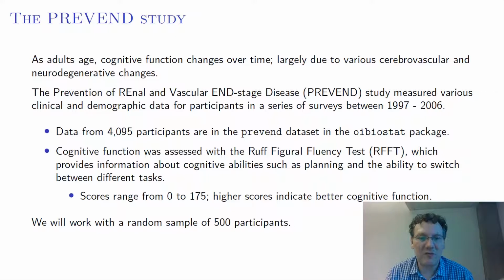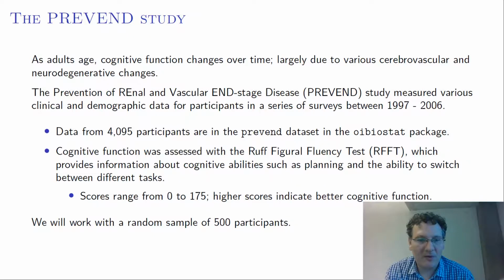The Prevention of Renal and Vascular End-Stage Disease, PREVEND study, measured various clinical and demographic data for participants in a series of surveys between 1997 and 2006. The data from the 4,095 participants are in the package. We'll be looking at that in lab.